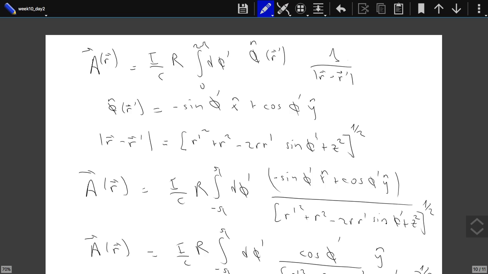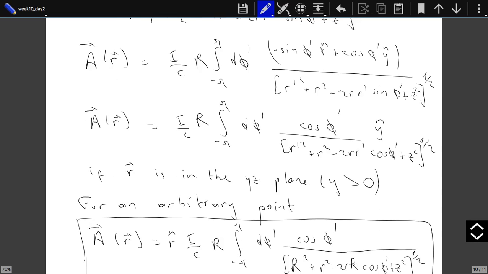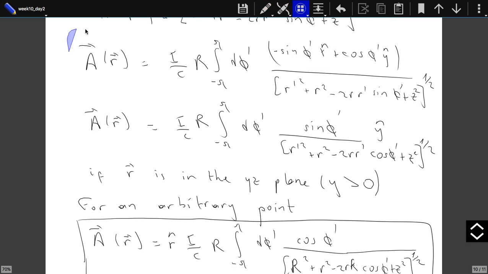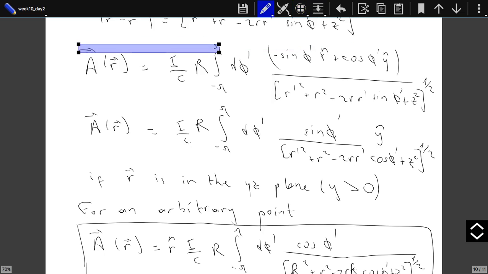So the integral of the cosine phi prime term is basically a function of sine of phi prime. The indefinite integral is a function of sine of phi prime. Do you see it? Yes, so let me take this part.